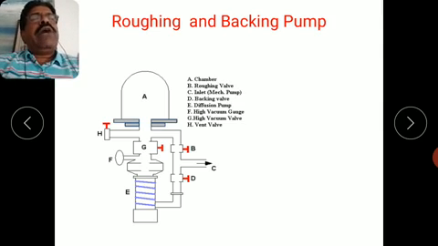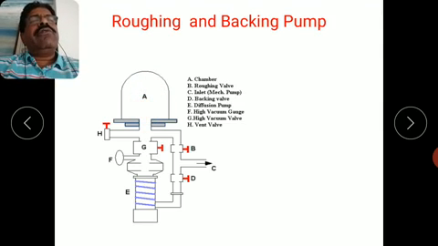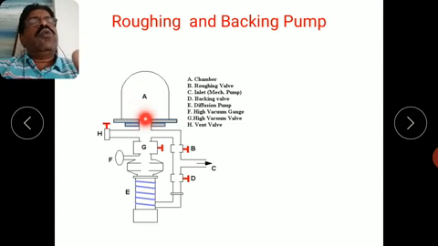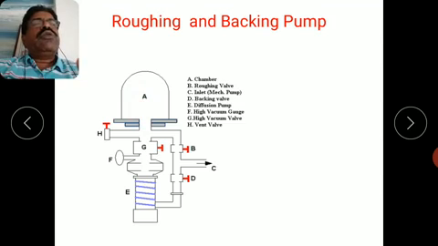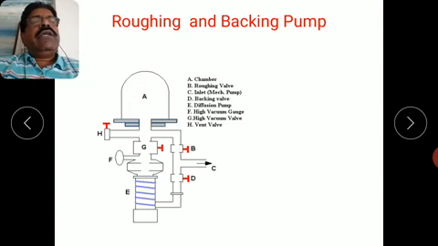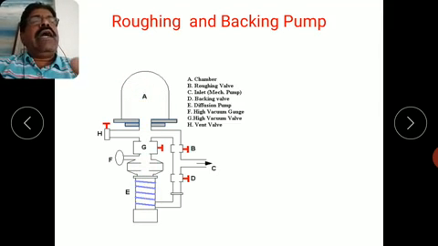Initially you have to create some moderate level of vacuum here, so that the gas flow goes from the viscous region to the molecular region. Some high vacuum pumps, for example the oil diffusion pump, have their performance parameters affected by the starting pressure. If the starting pressure is atmospheric pressure, then the ultimate pressure and the pump down time of this high vacuum pump will be affected.